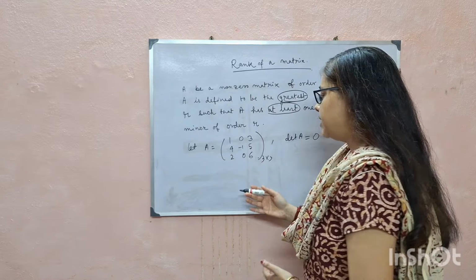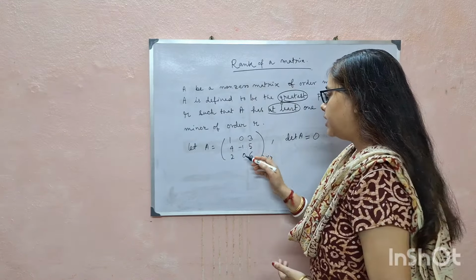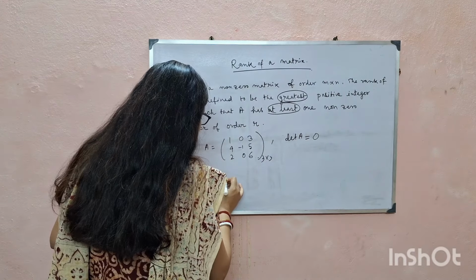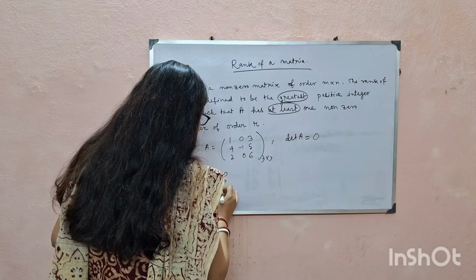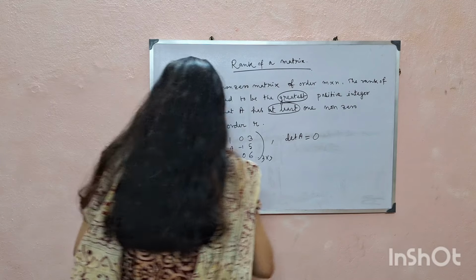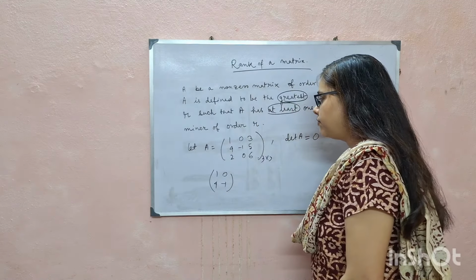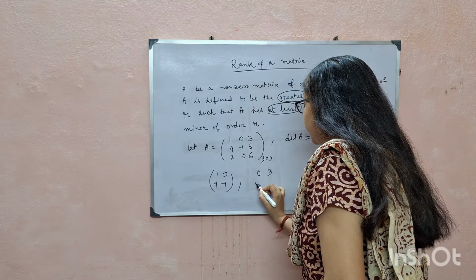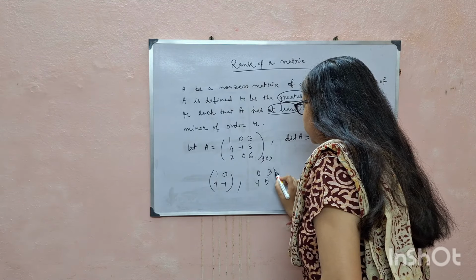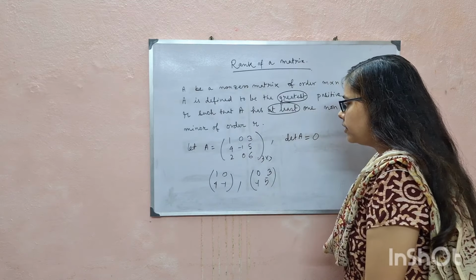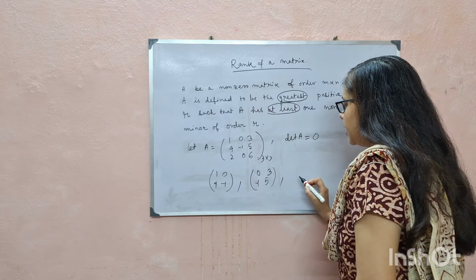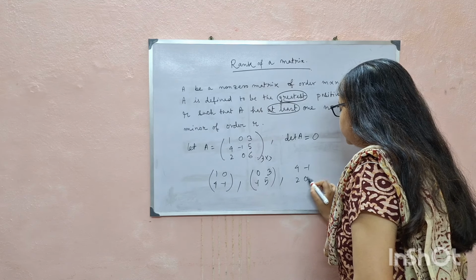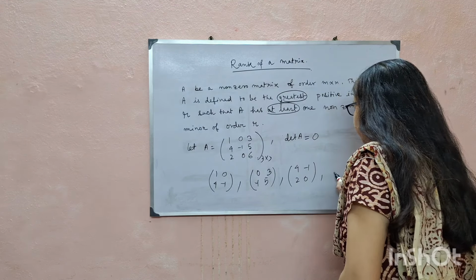So our next step is to find out the second order minor. 1 0 4 minus 1, this one is a second order minor of A. Next 0 3 minus 1 5, this is also a second order minor of A. Next 4 minus 1 2 0, etc.